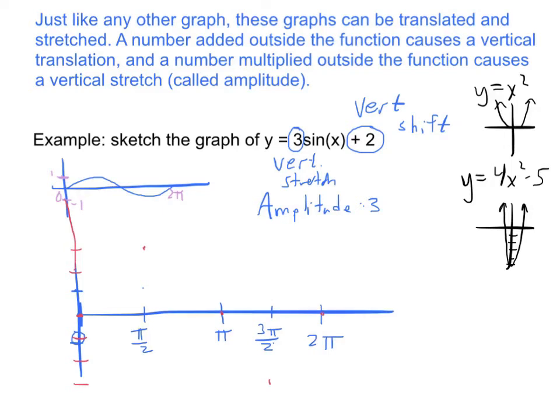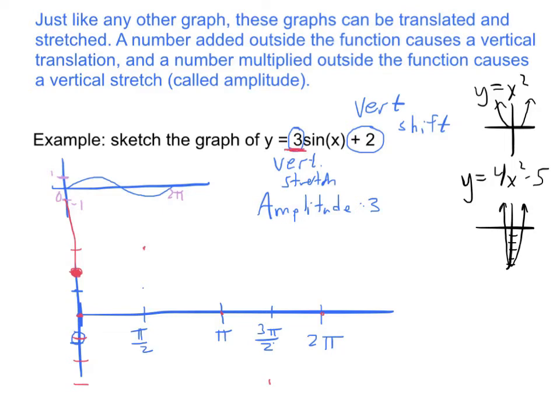You can imagine just the 3 sine x part would do this. So it's a sine graph shape, but 3 times taller. But I then have a vertical shift of 2, which means every point I had moves up by 2 instead.